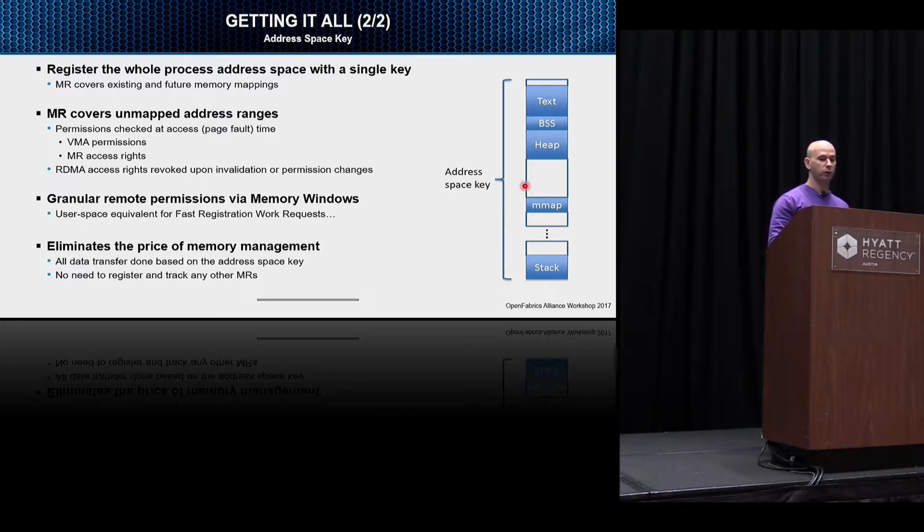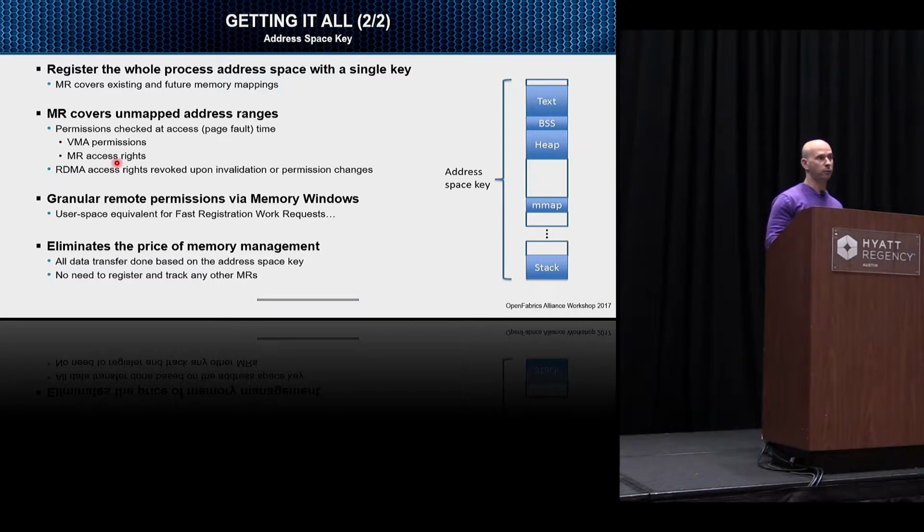So when you're actually attempting to access some portion, exactly like the CPU, at page fault time, that's where the access rights are resolved. So a page fault has to satisfy both the virtual memory area in terms of protection, like if I don't have read access, I'm most certainly not going to grant this page remote access, but also the access rights of the memory region.